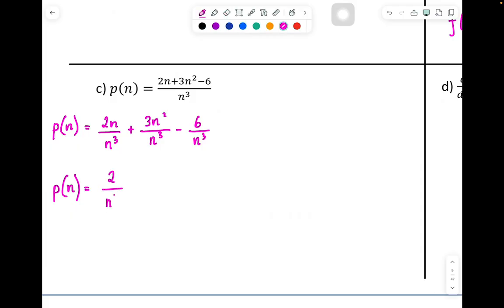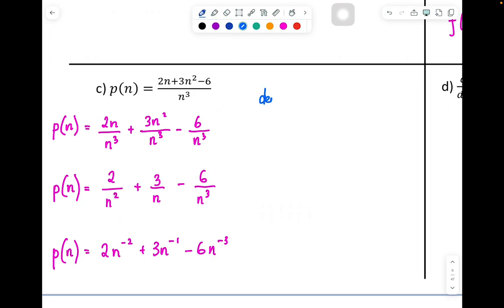So 2n squared plus 3 over n minus 6 over n to the power 3. Then to make it so I can differentiate it, bring all the n's in the denominator into the numerator. Once that's done, you can find the derivative.